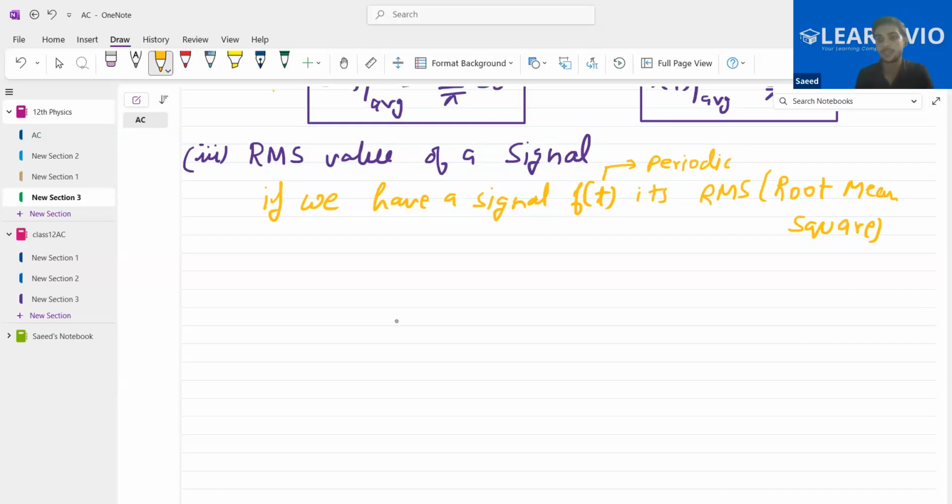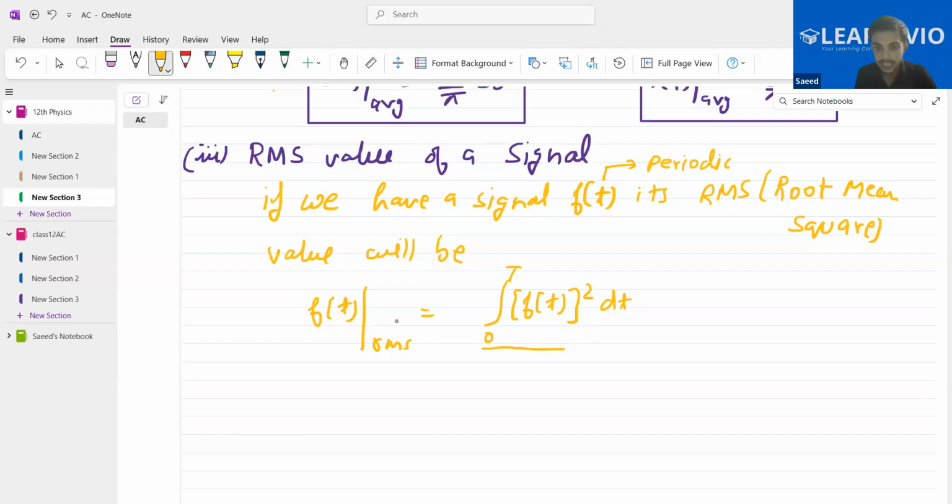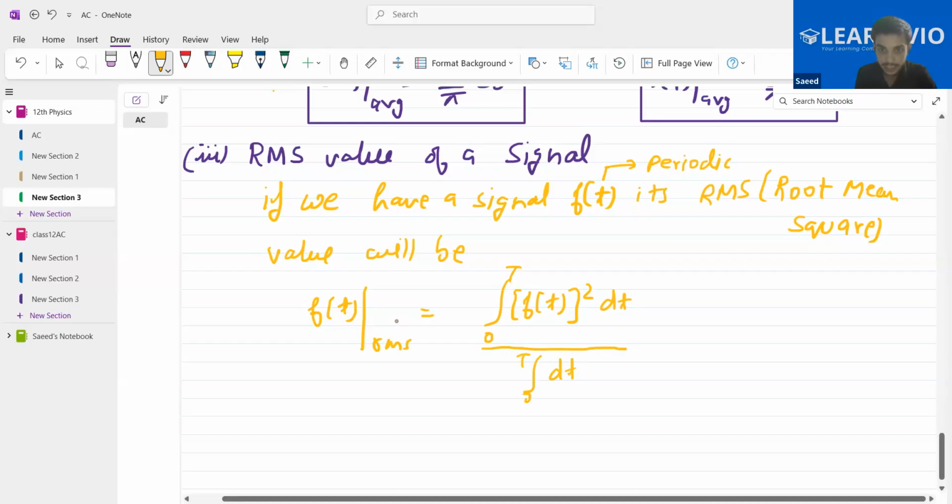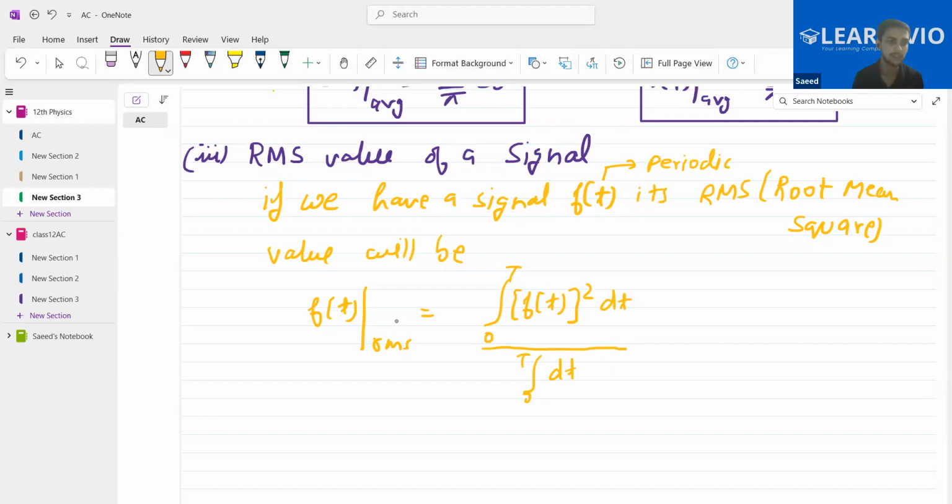The RMS value, the root mean square value, of f of t. First of all, you have to take the square of the particular signal. Then integrate it for the time 0 to T, and divide it by the integral of dt from time 0 to T. Does it look like the same thing we did while finding the average?